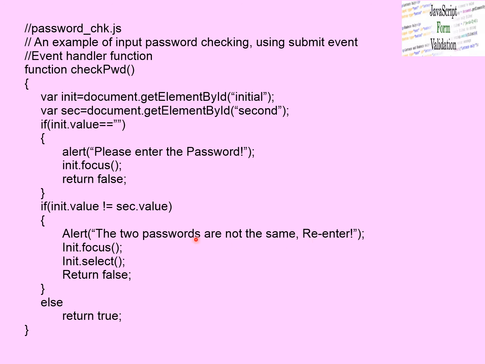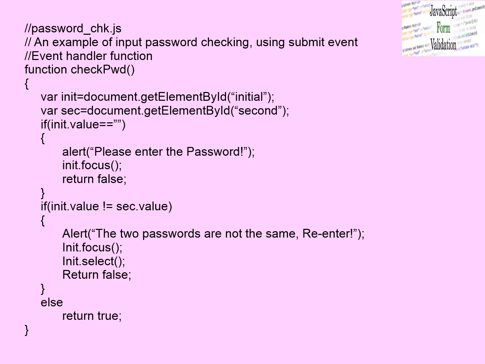So it generates a message box like this with a warning message. Then init.focus() and init.select(). So the focus is given to the initial text box, and after that init.select() selects the existing content in the text box, and it also returns a false value. If the initial value and second value are equal, this function returns a true value.